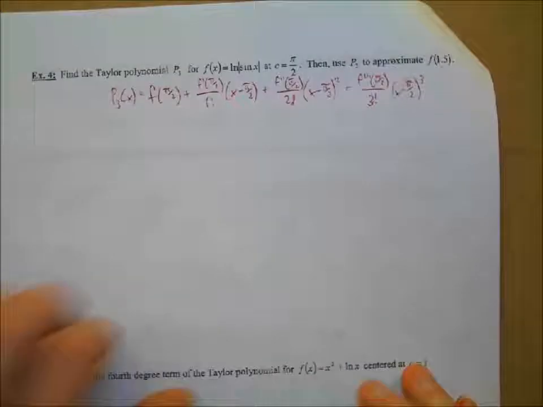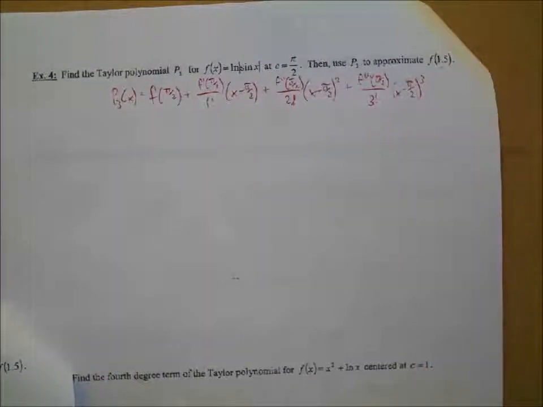So there are all our pieces, and it's up to us now to figure out what f, f prime, f double prime, and f triple prime of pi over 2 all are.